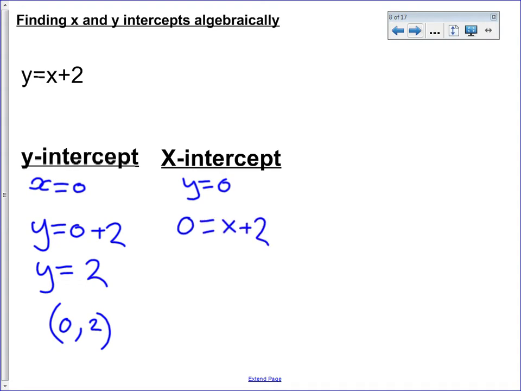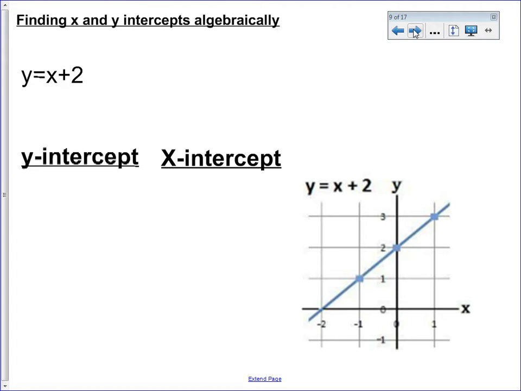We do the opposite of plus 2, which is minus 2. So that gives us x is equal to minus 2. Minus 2, 0. If we plot that on our graph, we get a graph which looks like this. Notice the x and y intercepts.